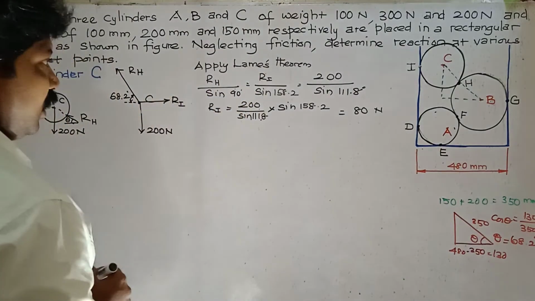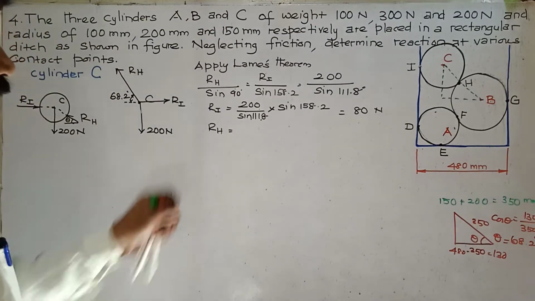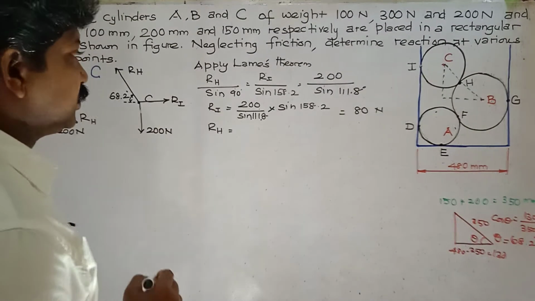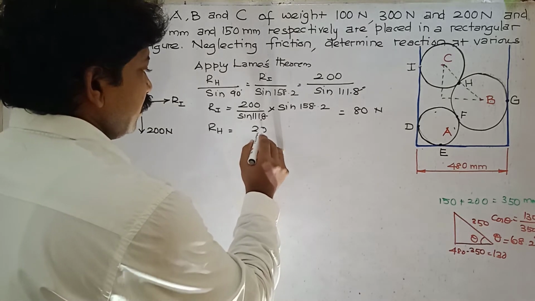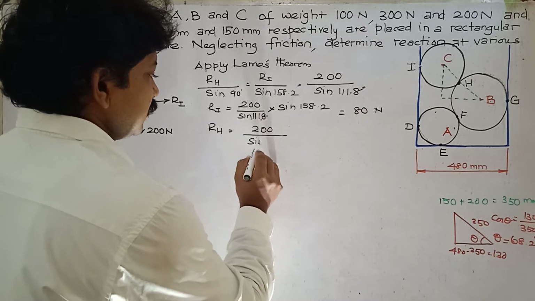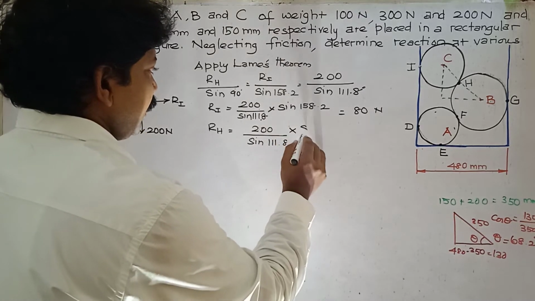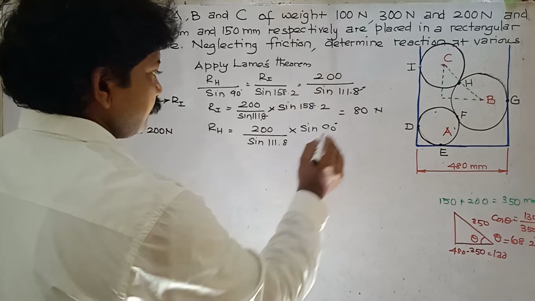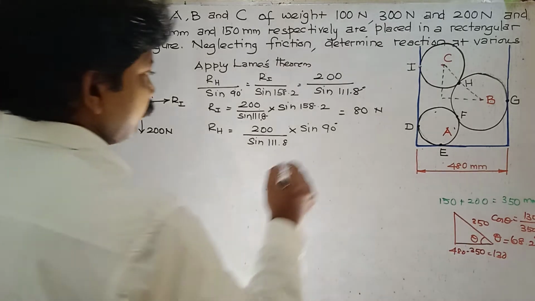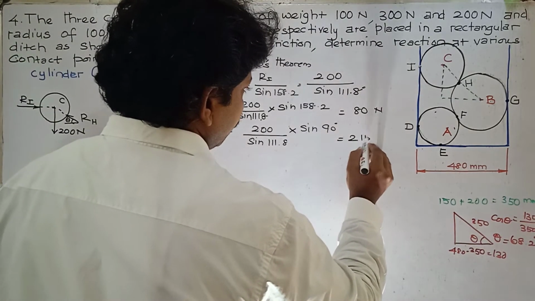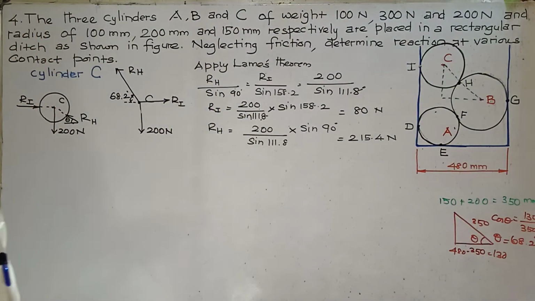And then RH equals 200 divided by sin 111.8 into sin 90. So from that RH equals 215.4 Newton.